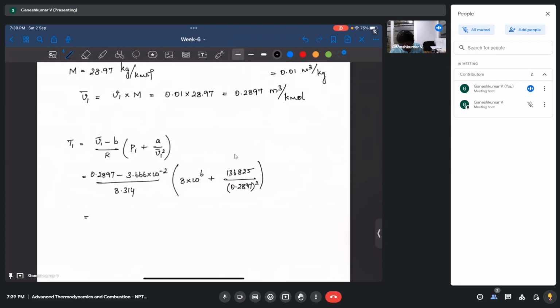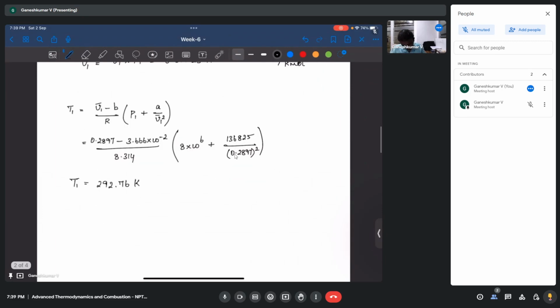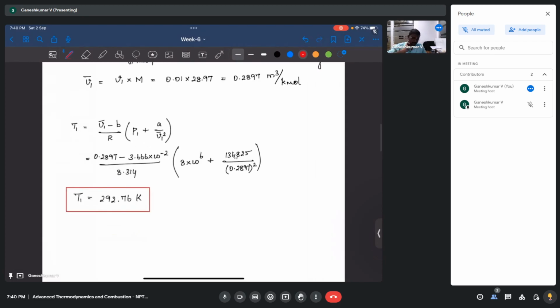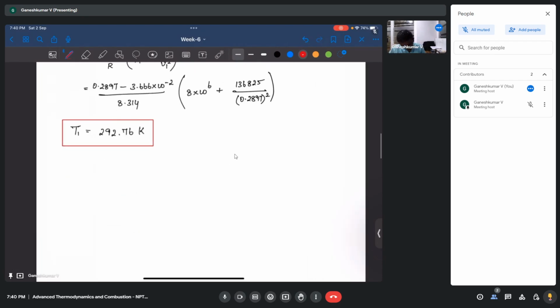So the temperature is 292.76 Kelvin. So this is T1. It gives me a reasonable value. Please check whether it is the right value or not.